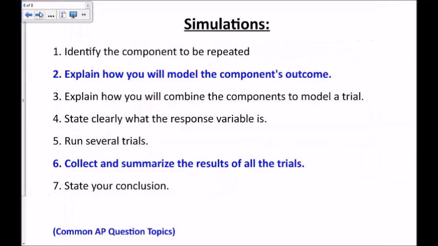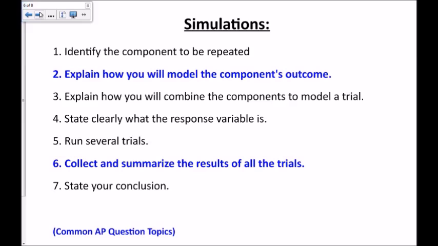Here are the 7 components one more time. You identify the component that will be repeated. You then explain how you will model the component's outcome, how you will assign digits. That's a really important one because it's a common AP question. Number 3, explain how you will combine the components to model a trial.